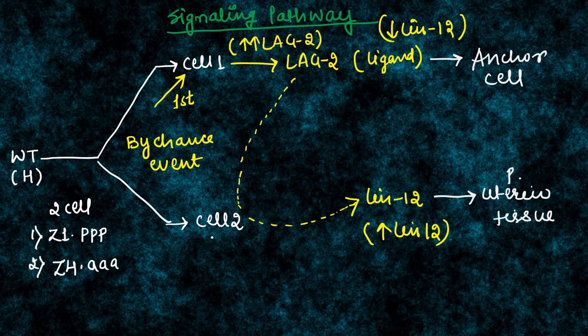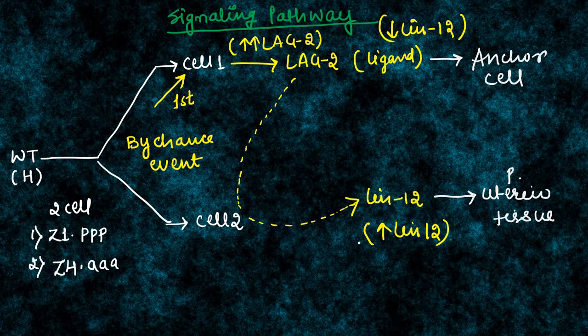So it totally depends upon chance which cell gets the opportunity to be activated first in this particular signaling pathway. Whether it is cell 1 or cell 2, whichever gets the chance to be activated first will produce lag-2 and the adjacent cell will start producing lin-12.